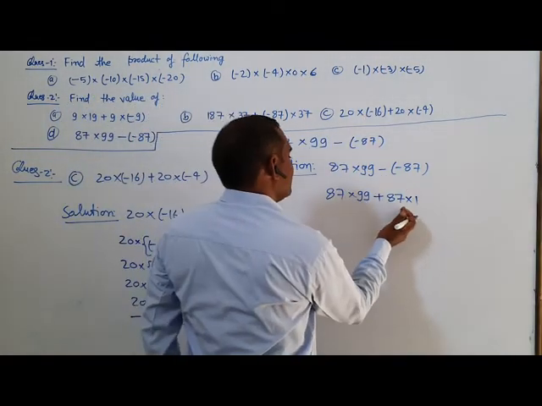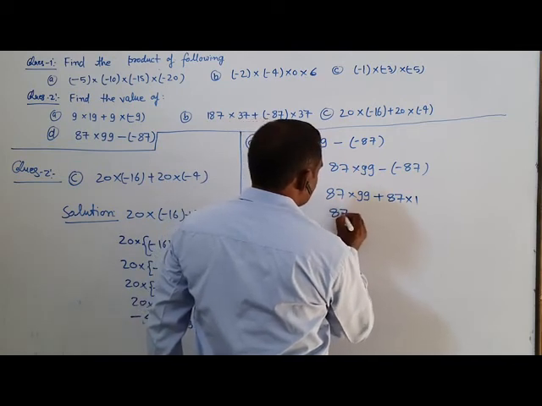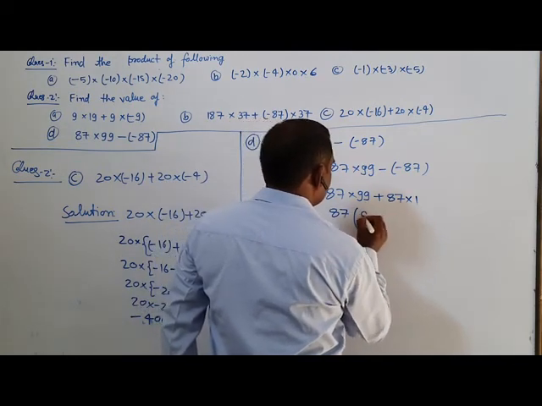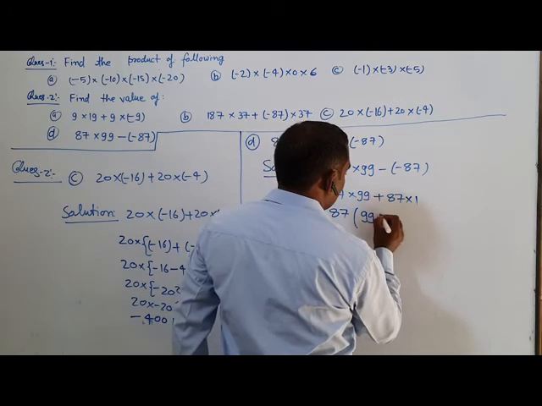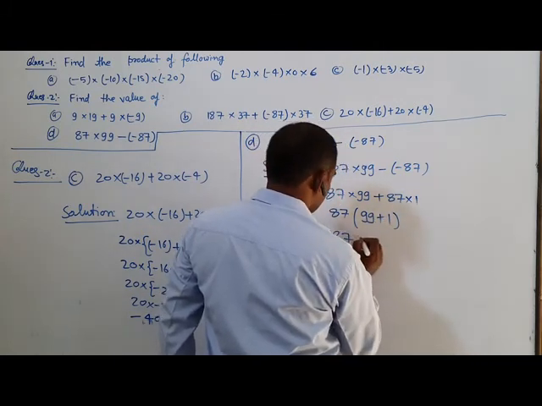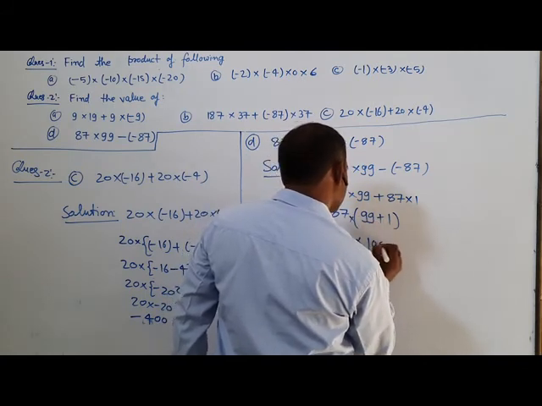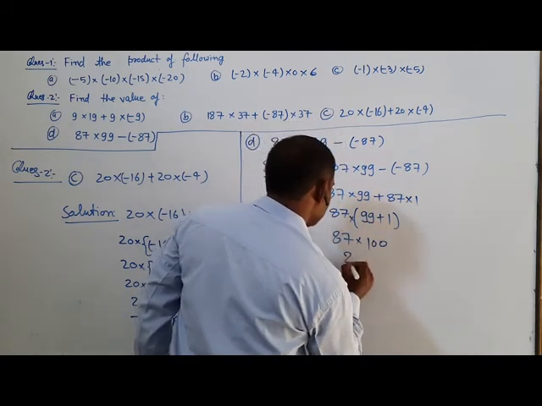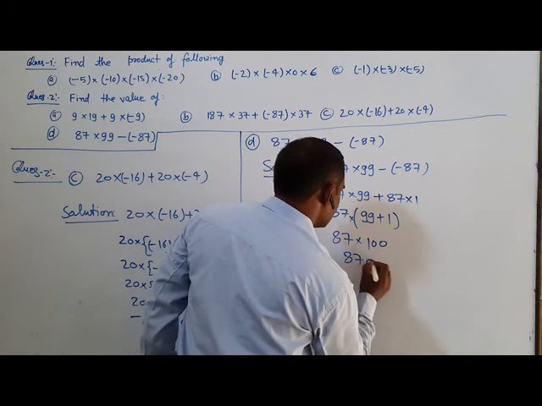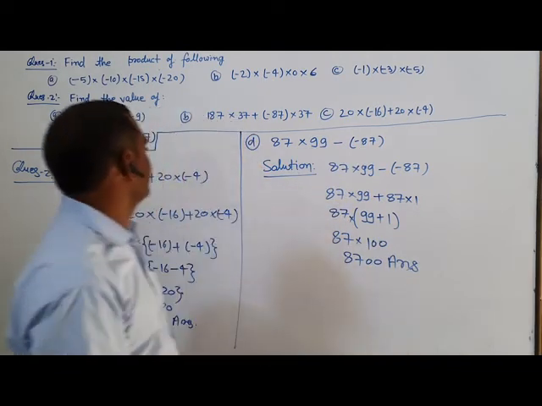So take common 87. 87 into 99 plus 1, that is 100. We have to multiply 87 by 100, which is 8,700. This is your answer.